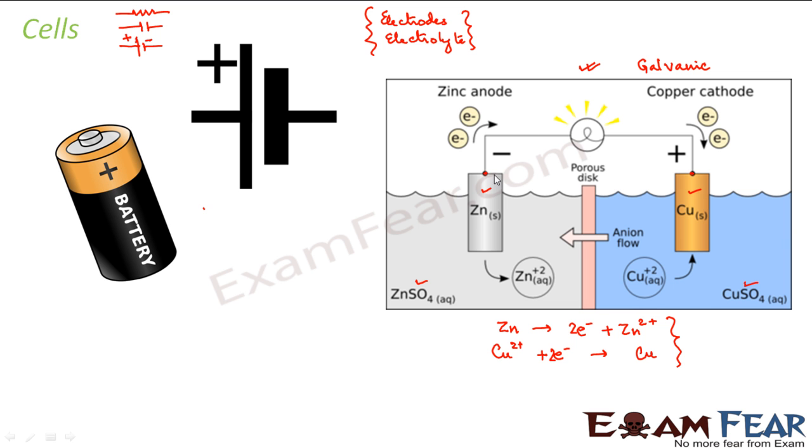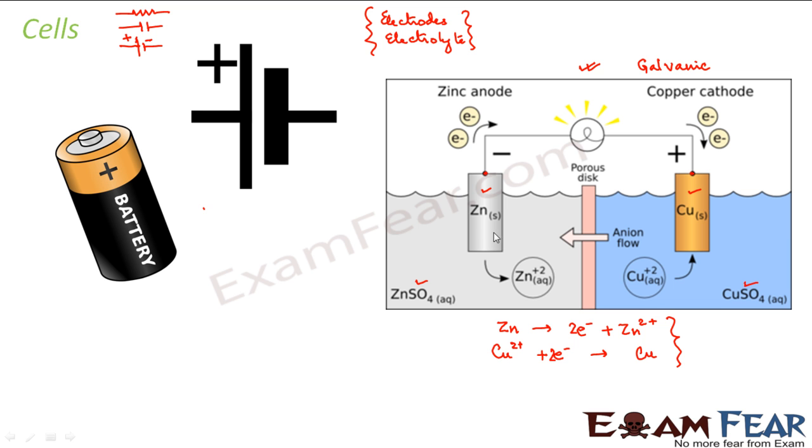Right? So as soon as you join these two electrodes, you are completing the circuit. Now there is a proper circuit, a closed circuit rather. So the electrons start flowing from zinc to copper, and these electrons are then quickly absorbed by the copper ions, and the copper ions become copper. As this process keeps continuing, more and more zinc becomes zinc ion.